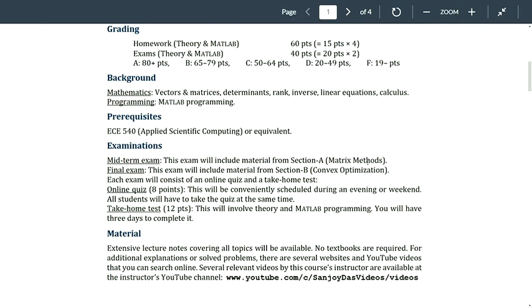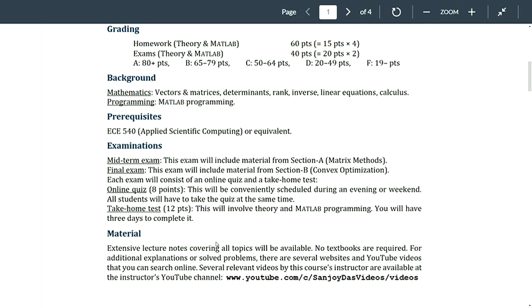And in each section, I'll try to put in a little deep learning or data science or some other interesting application to make it interesting. So the midterm exam will cover section A, matrix methods, and the final exam will cover section B, convex optimization.